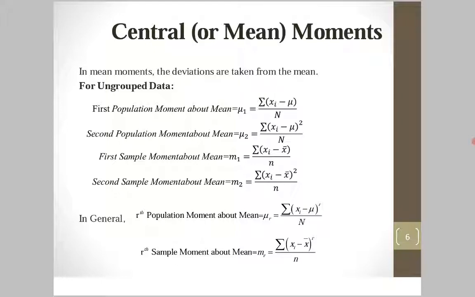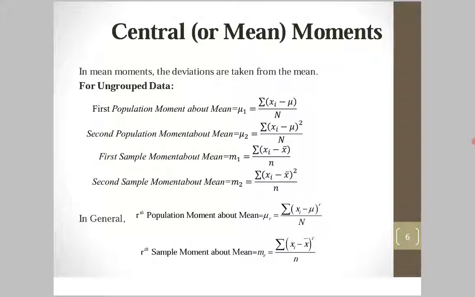Population moment means we are taking all the data items, the entire data set, and sample moment means we are taking only one variable to calculate the moments.